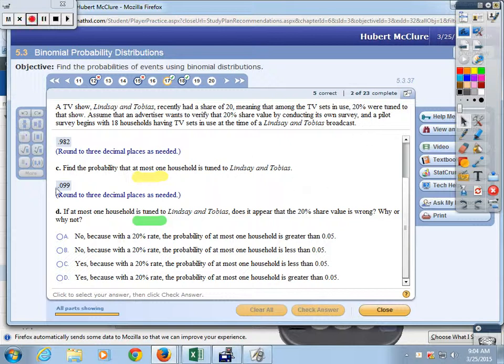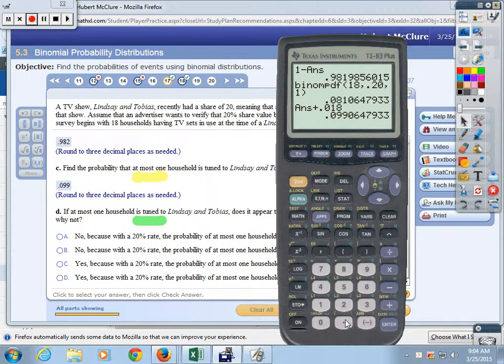In this case, we would take new minus old over old. So take the new, which is 0.099, minus 0.2, divided by parentheses 0.2.